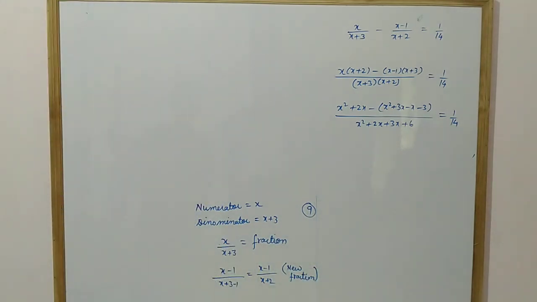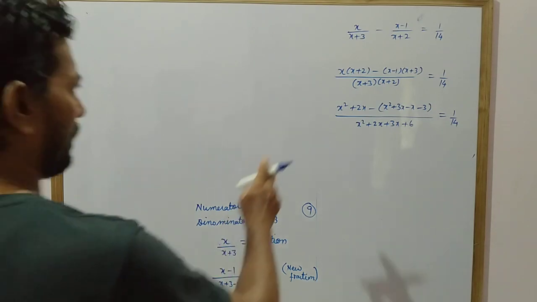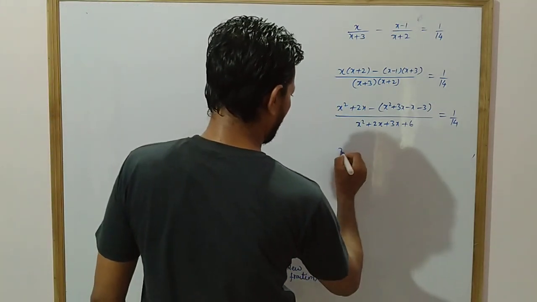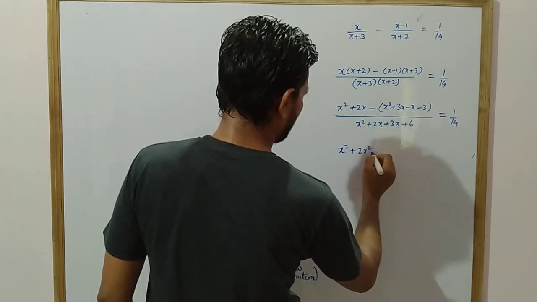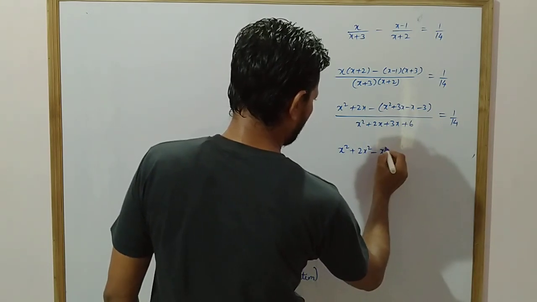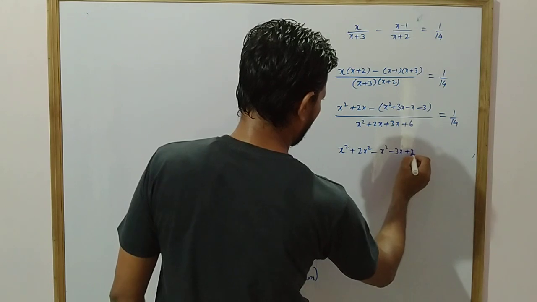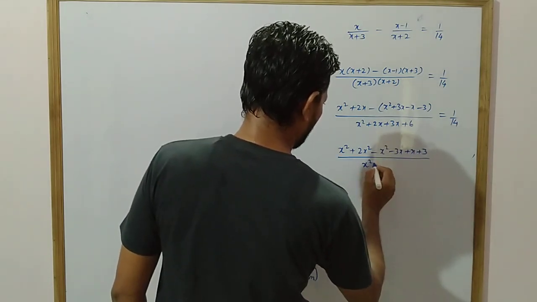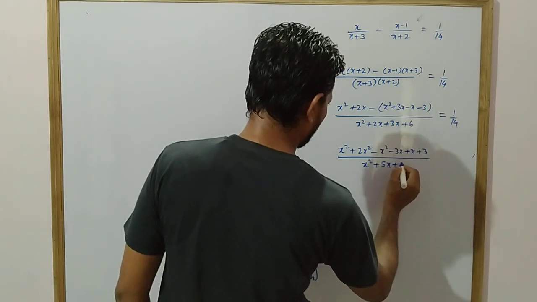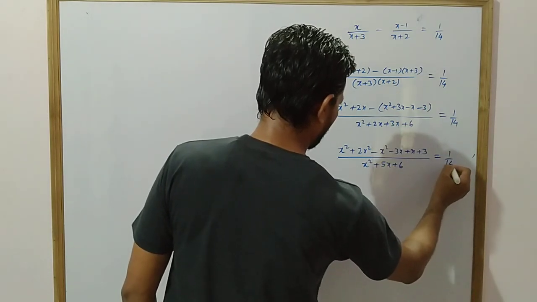Okay. Now here, further when we simplify this one, x square plus 2x minus x square minus 3x plus x plus 3 divided by x square plus 5x plus 6 equal to 1 by 14.